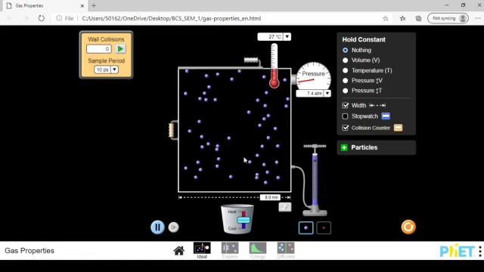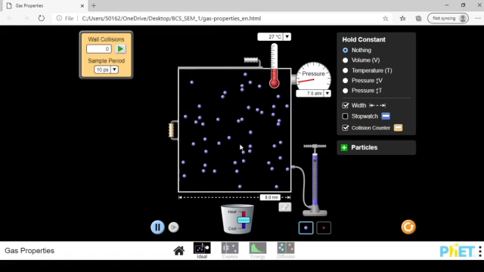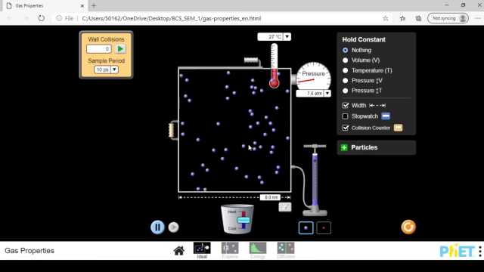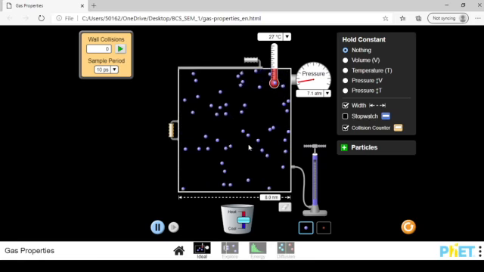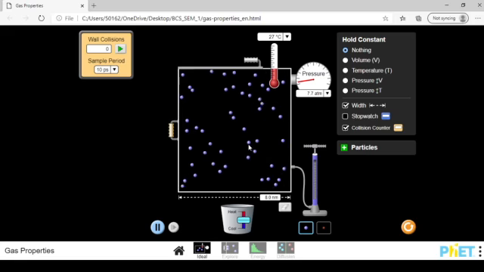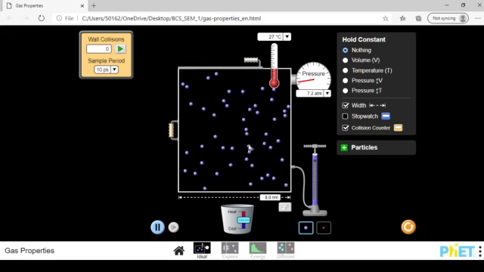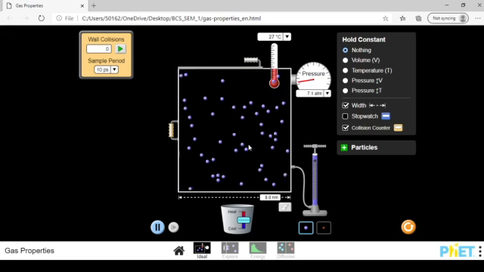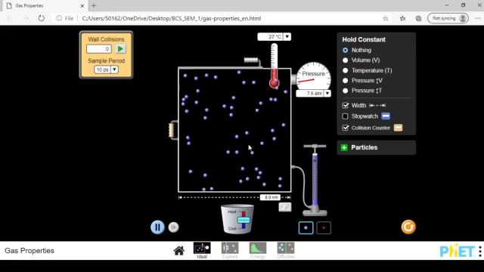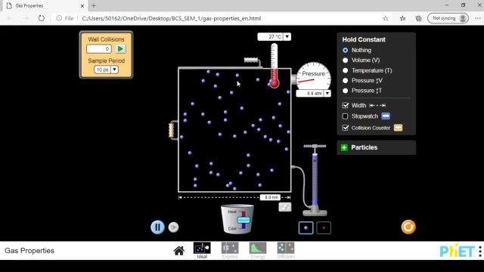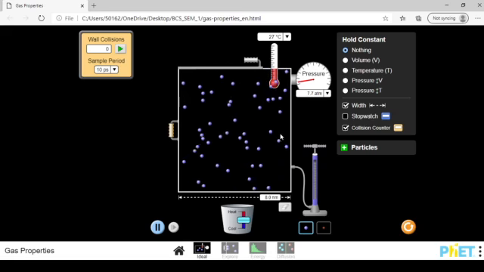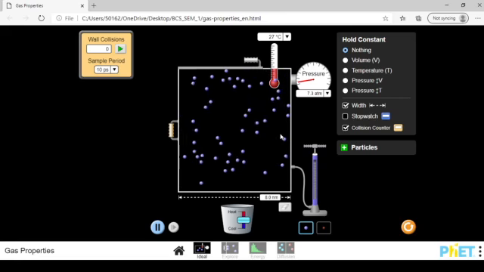So let's start by doing some changes to this. The first thing that I want to do is apply some force. If the molecules are applying more force on the walls of the container, meaning that they're hitting the walls of the container more from the inside, then we can say that they are exerting more pressure.